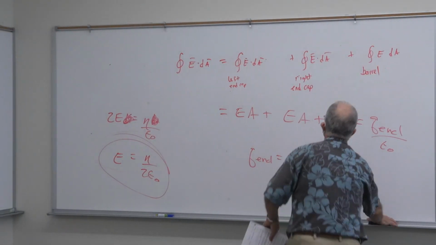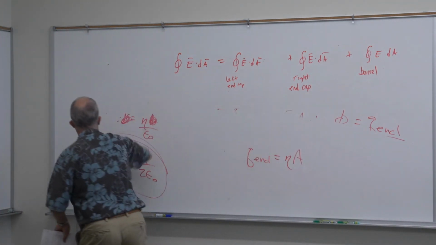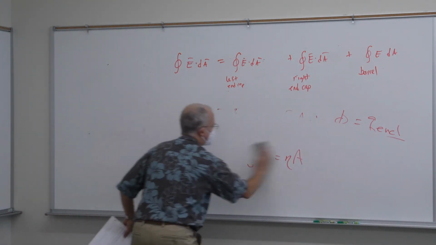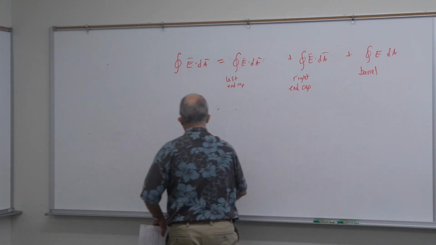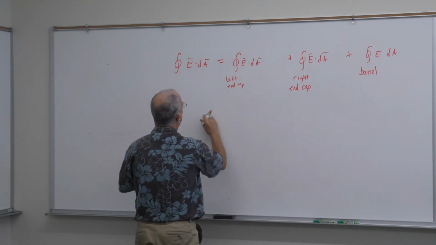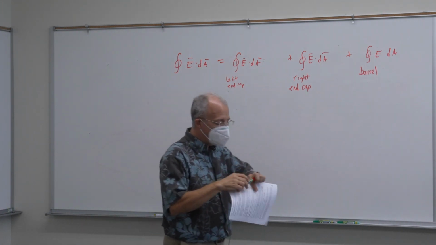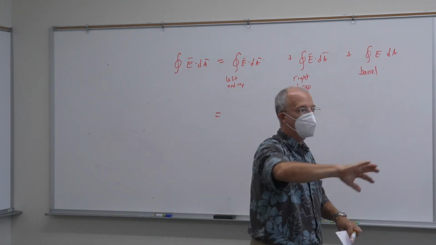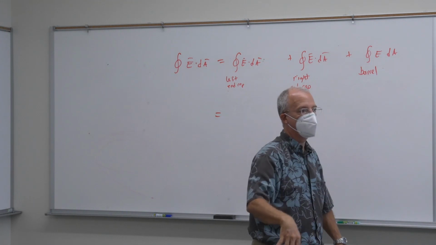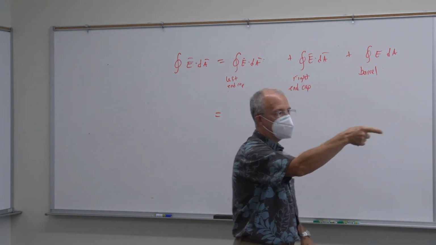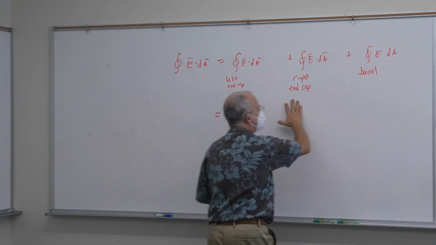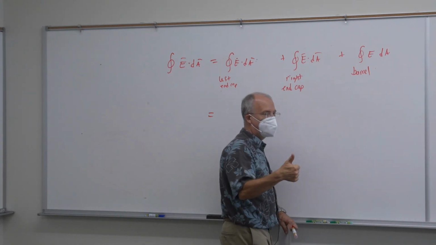Okay, so we had to evaluate this surface integral. You have to evaluate the entire surface integral, every single part of the surface. So we split it up, just like before, end cap and barrel.